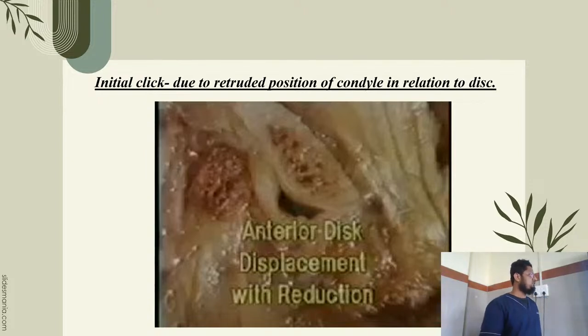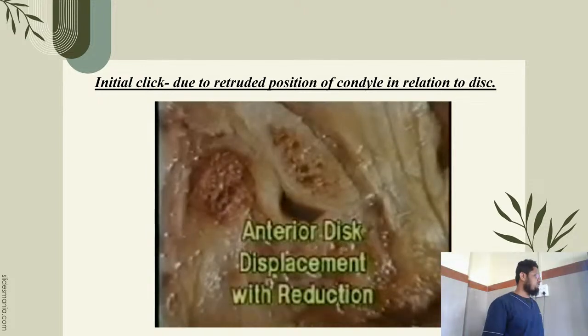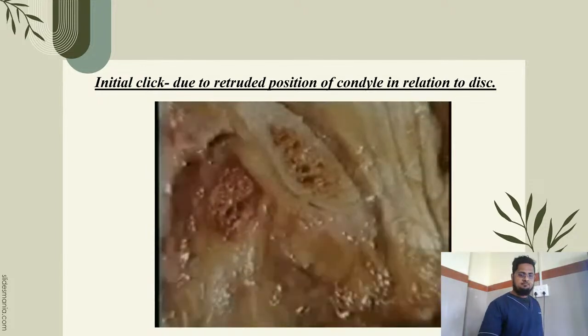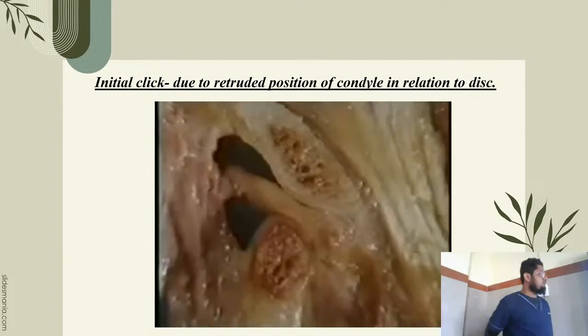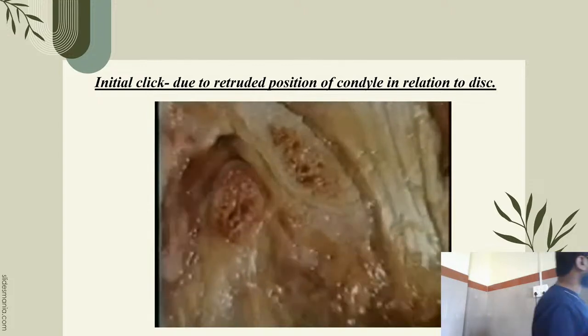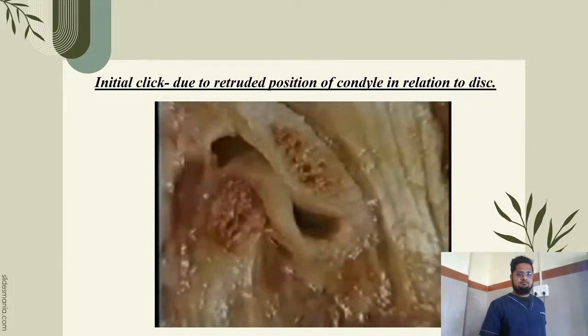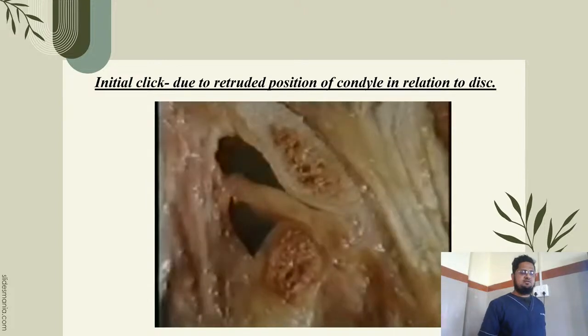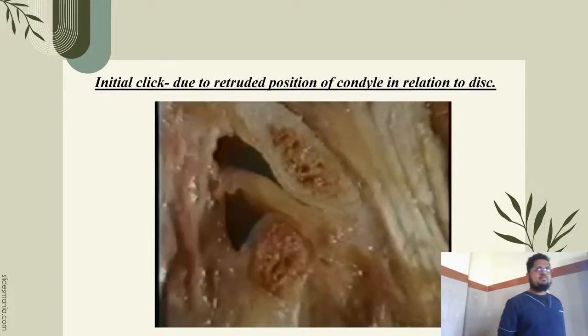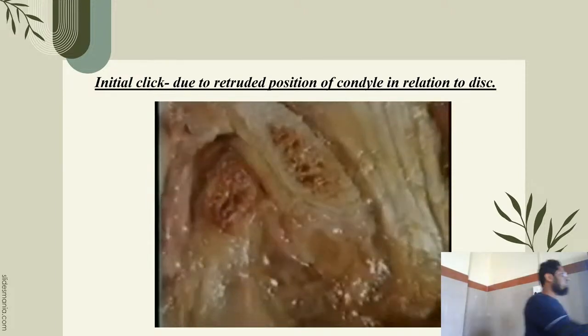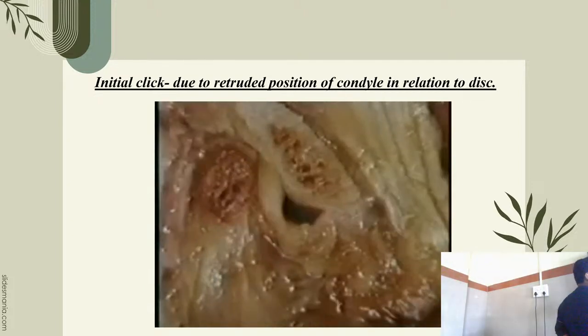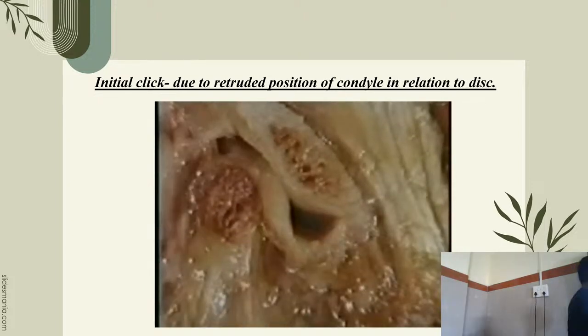Let's see this video where the anterior displacement of the disc happens. In this joint, the disc is anteriorly displaced, and it's reduced on opening when you click. See how the clicking sound appears. This joint demonstrates reciprocal clicking. The chuck movement appears between the condyle and articular disc.